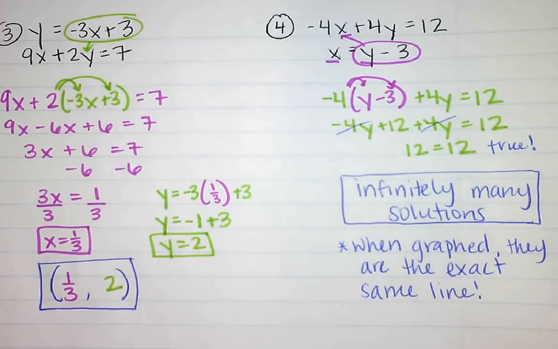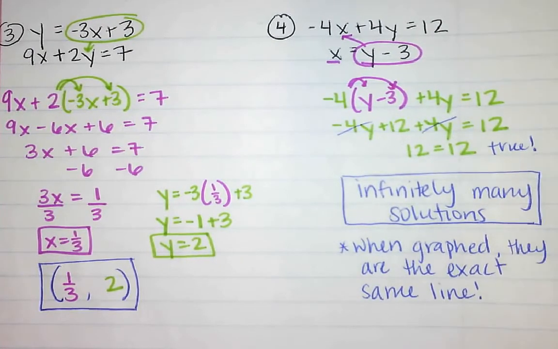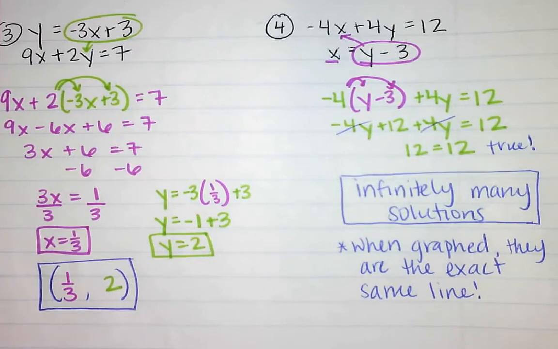Because, guys, if we graphed these two lines, they would be exactly the same. If we had solved these both for y, we would have gotten y equals x plus 3. Do y'all feel good about these substitution problems so far? Yes, no, maybe so? They're not too bad, okay?